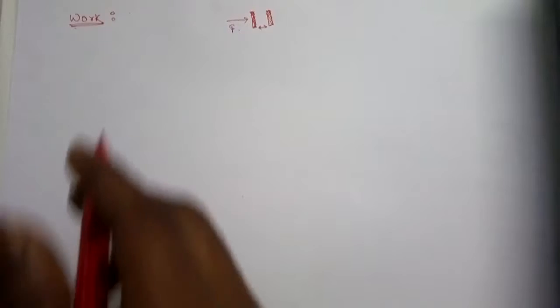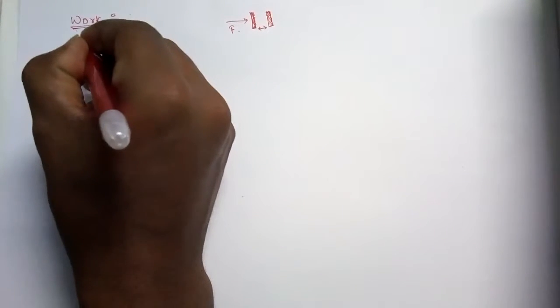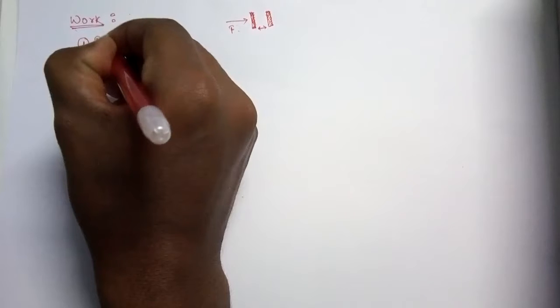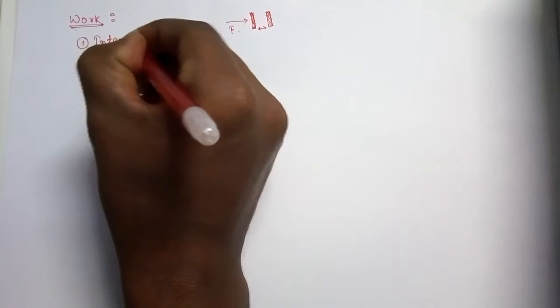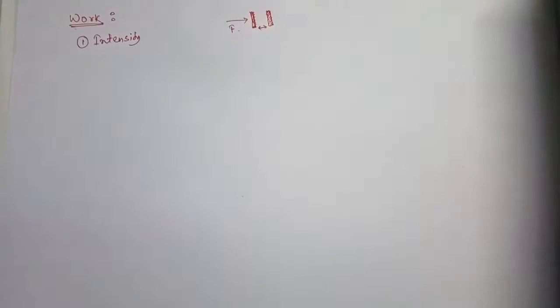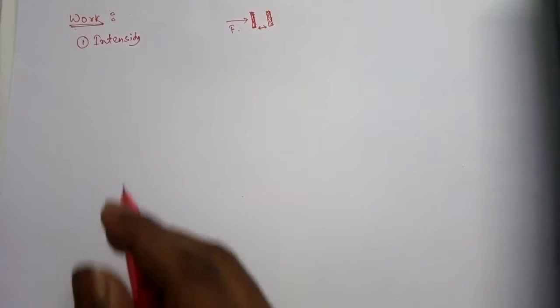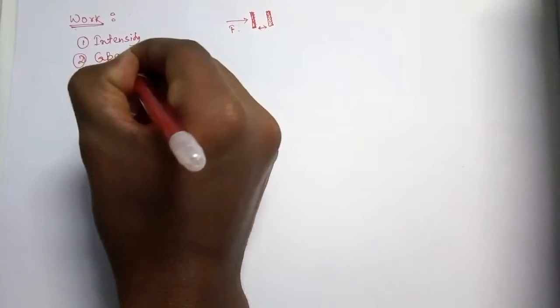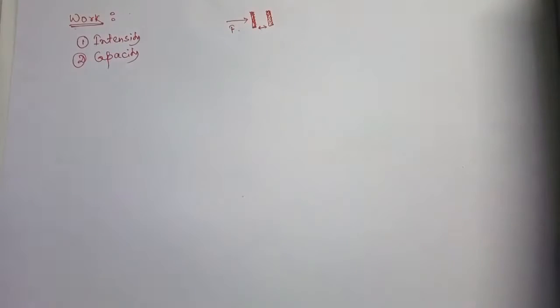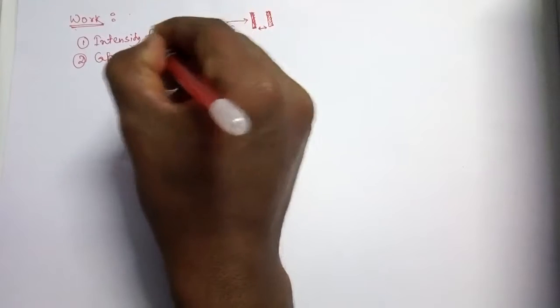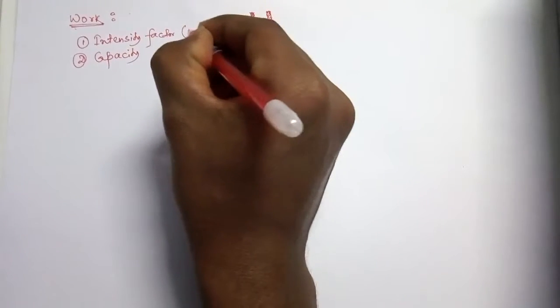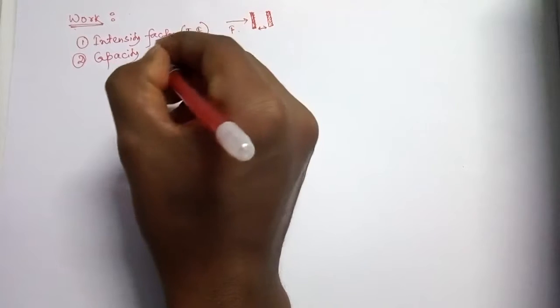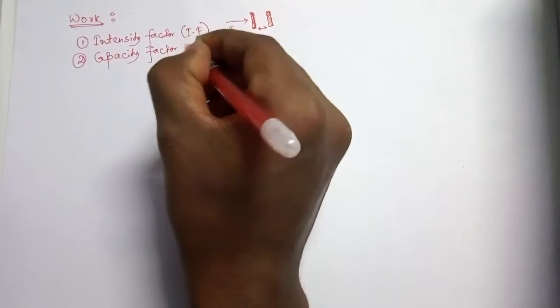So any work we can express by two factors. Number one, intensity factor, and number two, capacity factor. What are intensity factor, abbreviated as IF, and capacity factor, as CF?